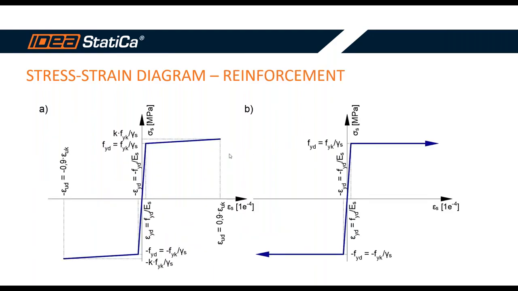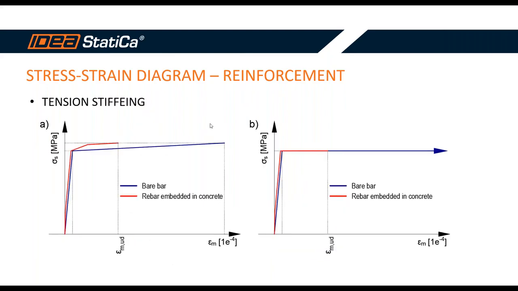Then we proceed to stress-strain diagrams for reinforcement. Again, the user can choose between a bilinear diagram with an increasing branch, or this second one with a plastic branch. By default, CSFM calculates with this stress-strain diagram, and we don't distinguish between ULS and SLS checks.